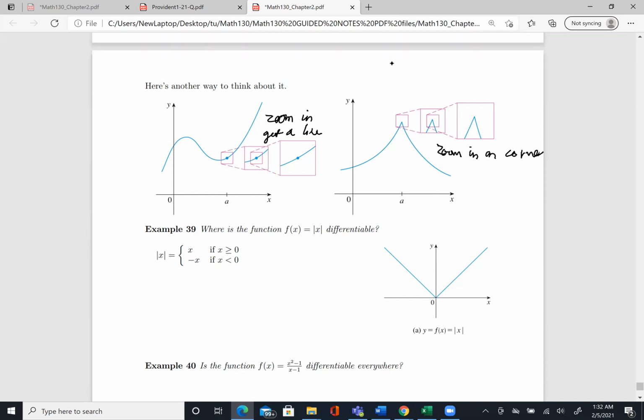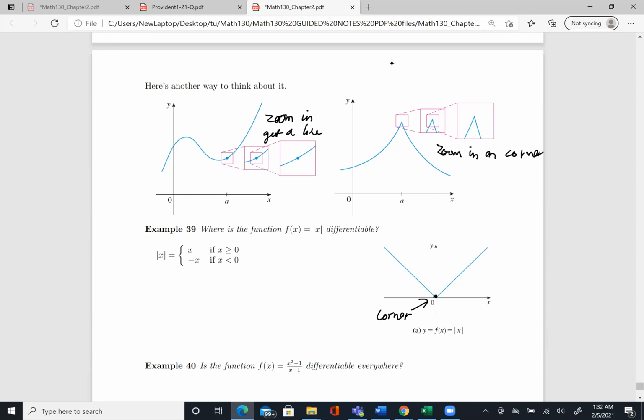Okay, number 39. Where is the function f of x equal to the absolute value of x differentiable? You can see that here the function has a corner, a corner at 0.